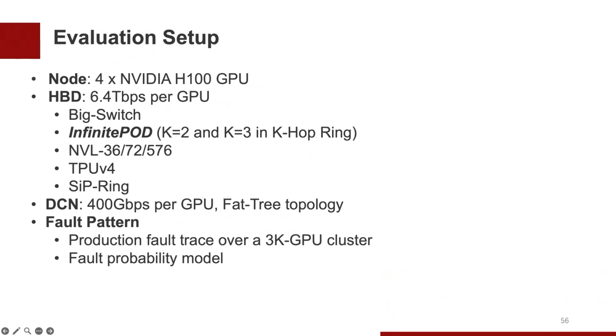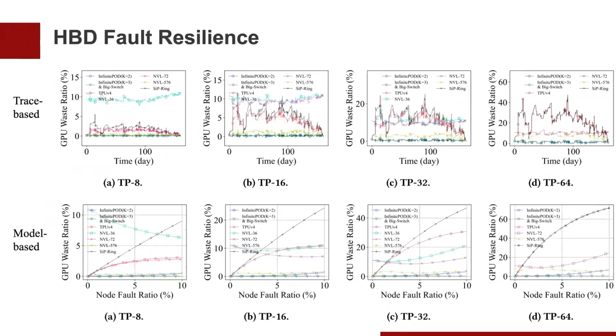By the way, this fault trace spans over 160 days. I won't go into the details of each figure. Basically, we compare our solution with existing HBD designs using either the production trace or our probability model.